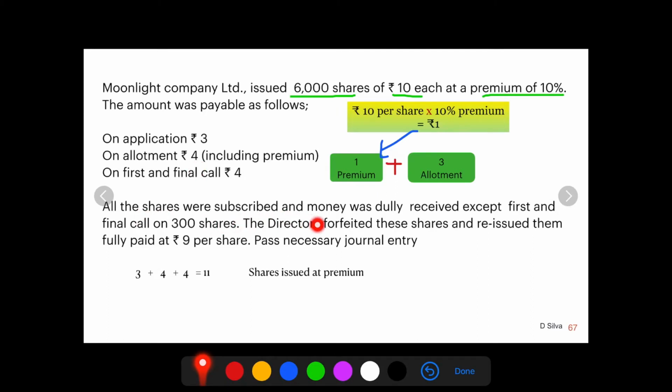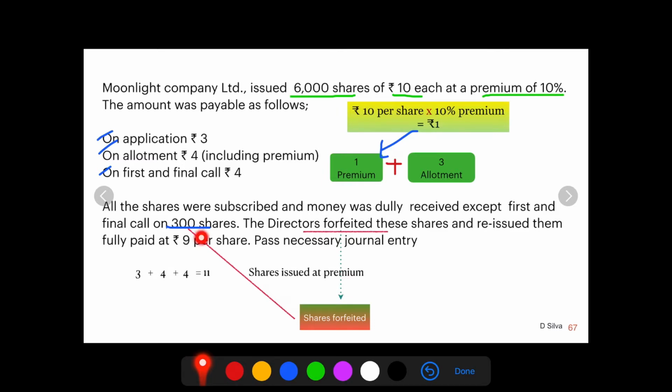All the shares were subscribed and the money was duly received except the first and final call on 300 shares. So we understand that when the company is receiving the money, it has received money on application, allotment as well as on calls, except for those 300 shares. So these shares are being forfeited by the directors.